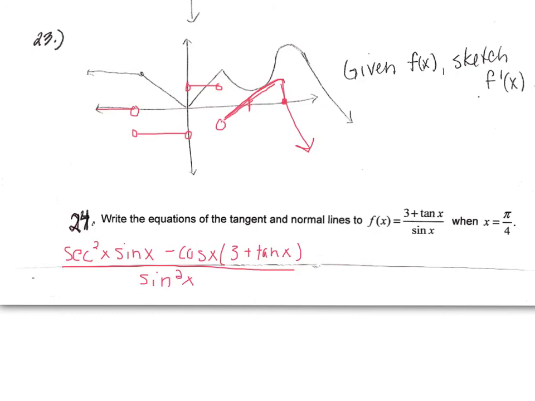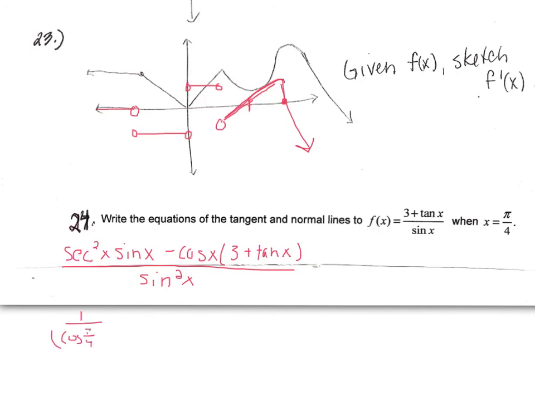And now let's plug in pi over 4 to find the slope of the tangent line. Remember, secant is the same as 1 over cosine, so I'm going to change that to 1 over cosine squared x. Well, let's just plug in pi over 4.